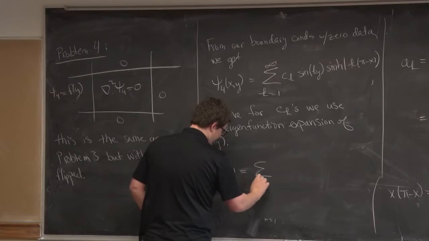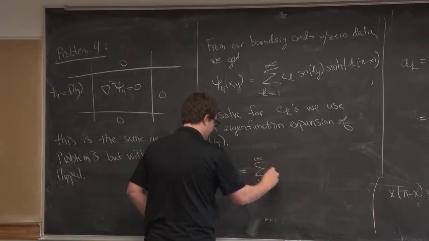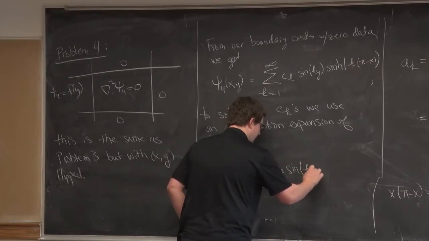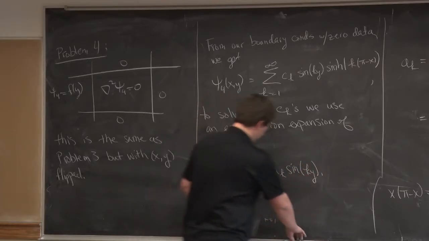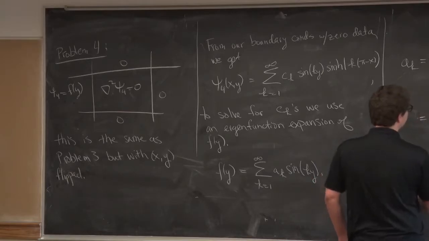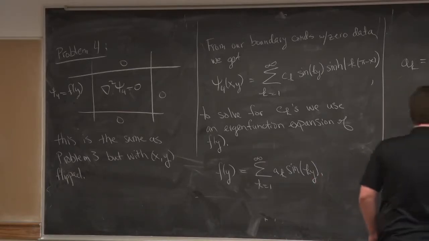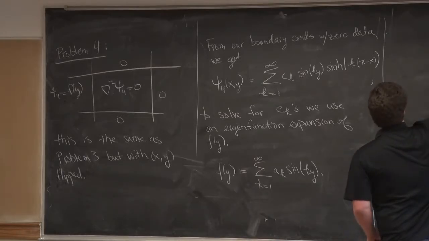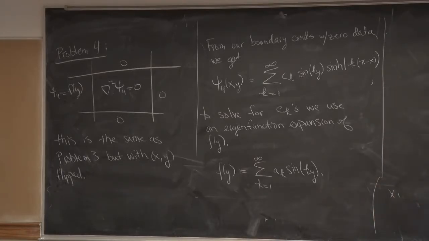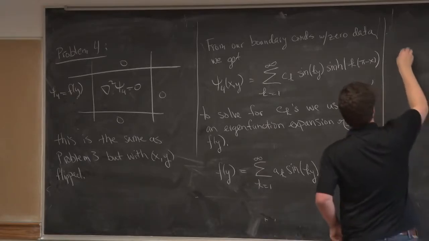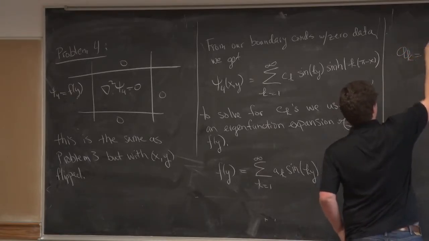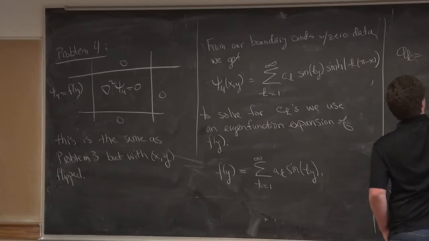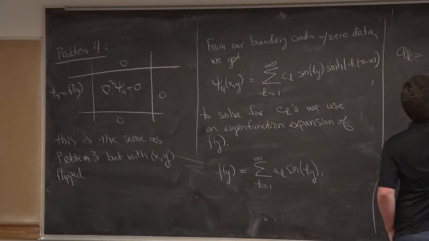We can write f of y as the sum from k equals 1 up to infinity of a_k sine of ky. And here a_k is like what we had before, except now it's on the y plane.